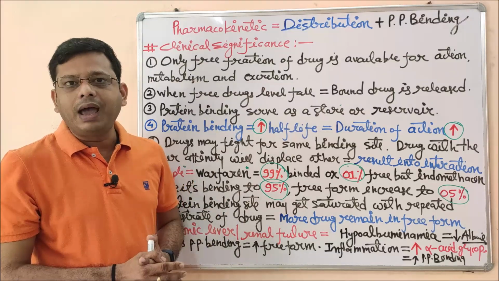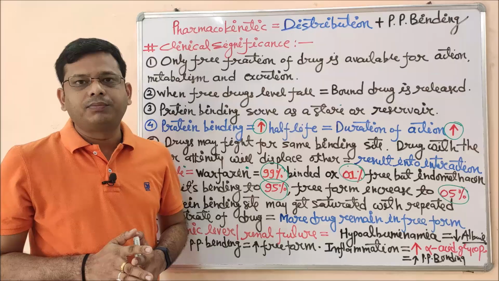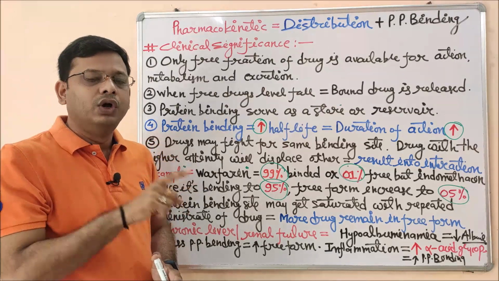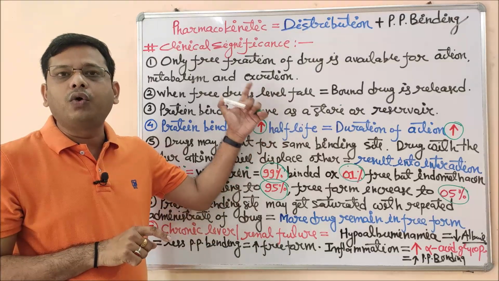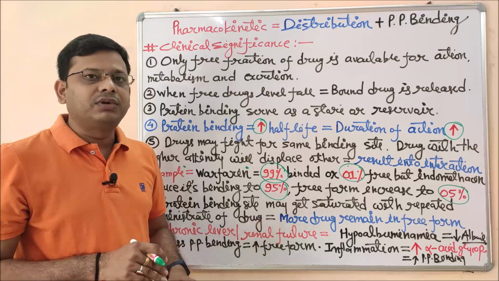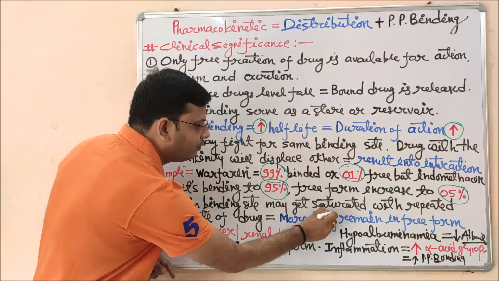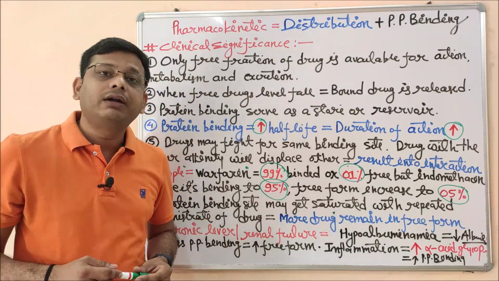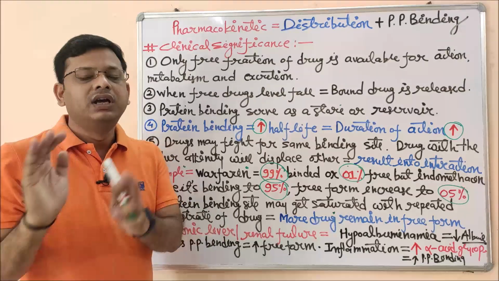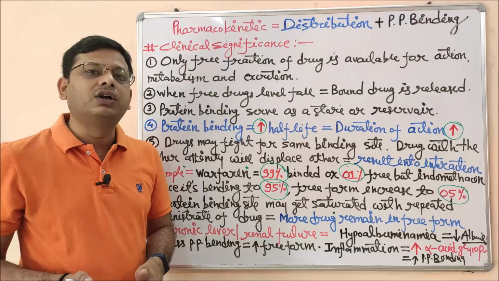So what's going to happen? If the drug is not bound to plasma protein, that drug will remain free or unbound. You know very well that only unbound or free drug is available for the action. So more drug will be available for pharmacological action, and that free form of drug may produce a higher response than usual, and that may convert into a toxic or accumulative effect.